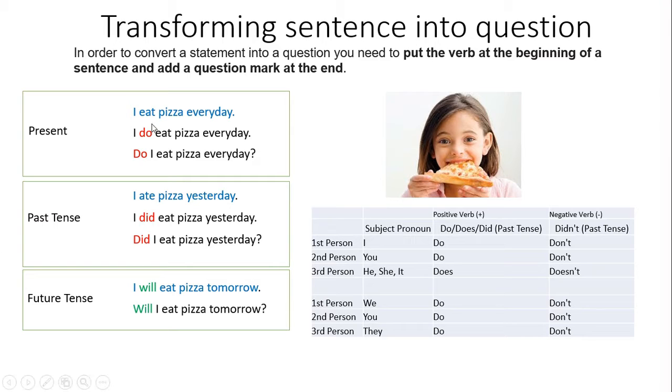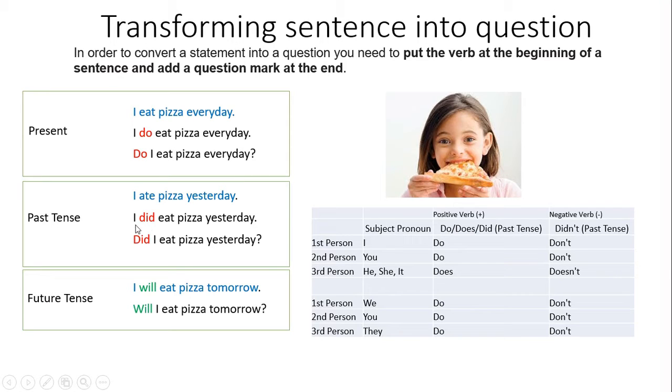Now let's take a look at the other tenses, past tense and future tense. I ate pizza yesterday. To do that, you just add the verb do in a sentence. But since this sentence happens in the past, instead of using do, you will use did.